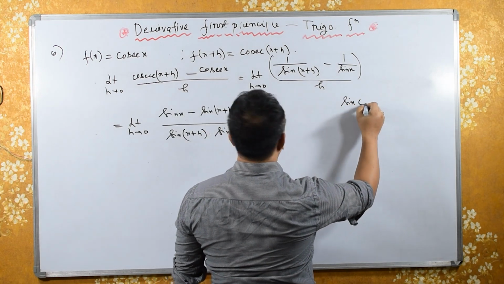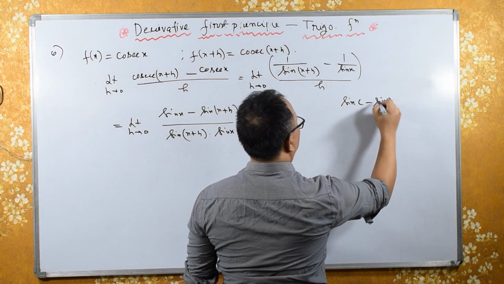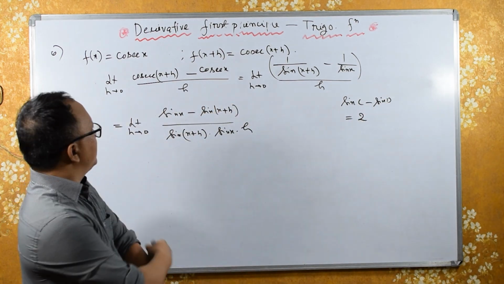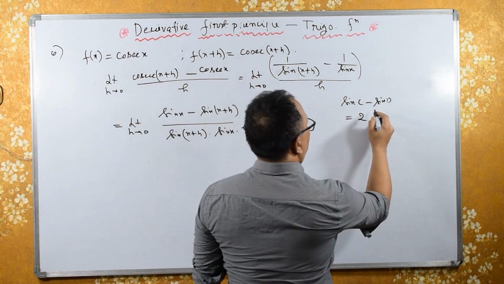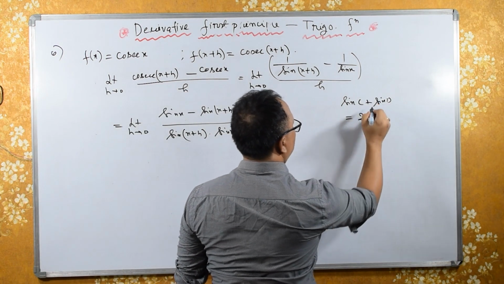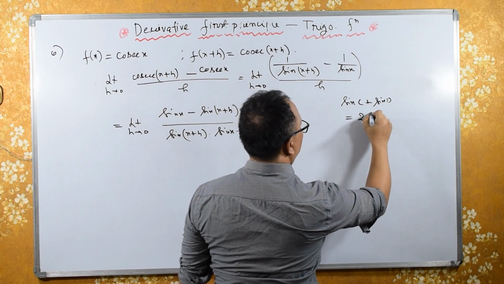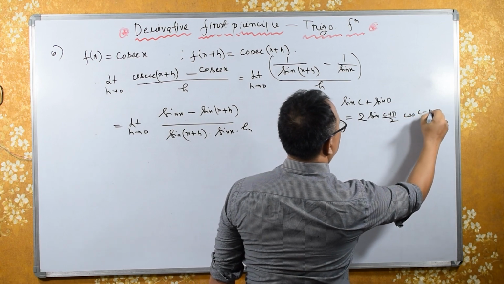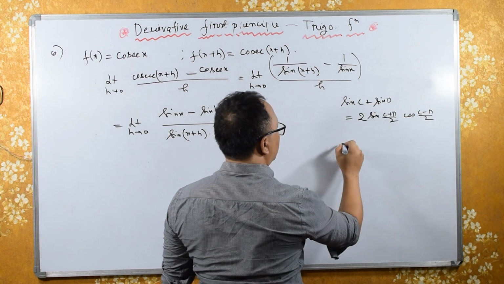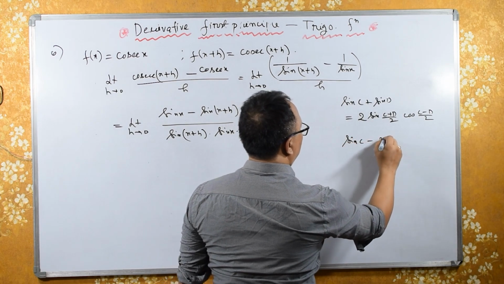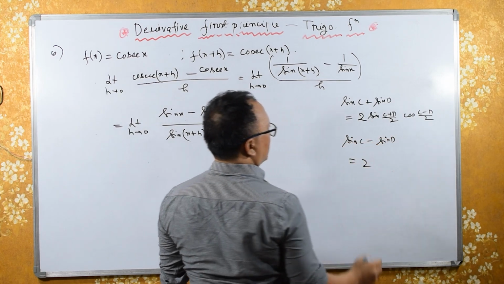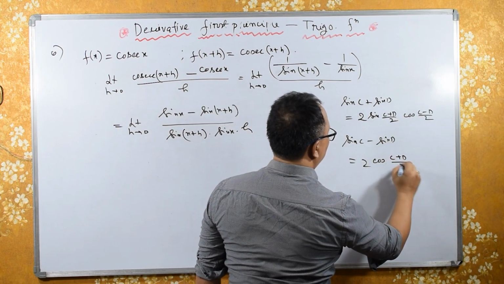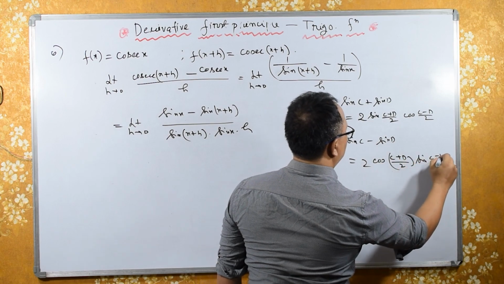Sine of c minus sine of d is equal to twice cos of c plus d upon 2 into sine of c minus d upon 2.